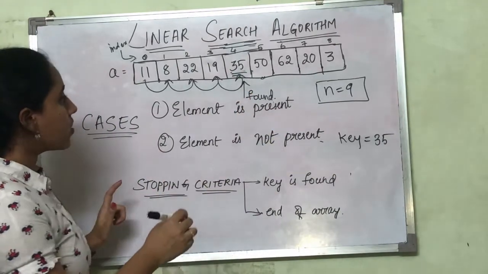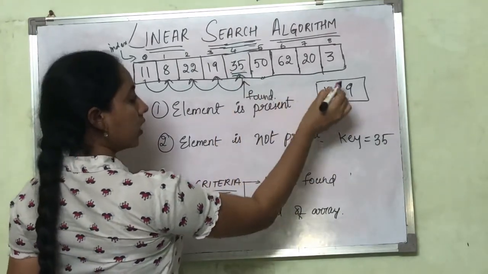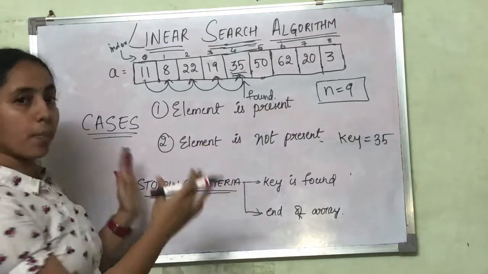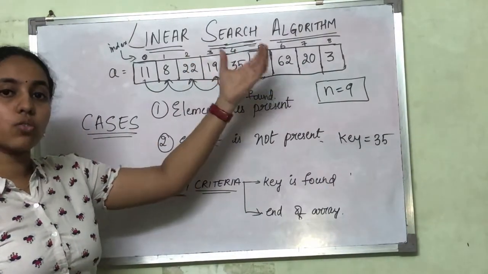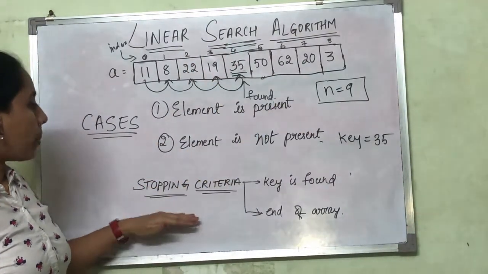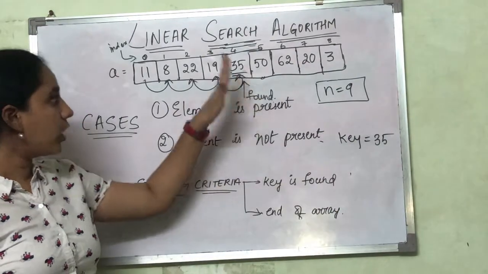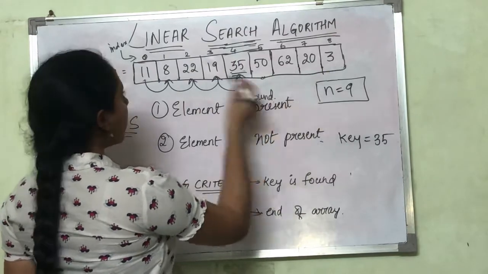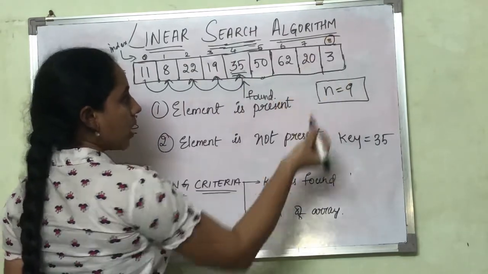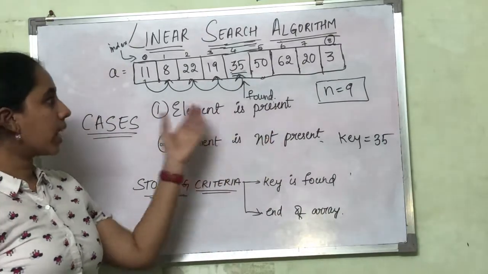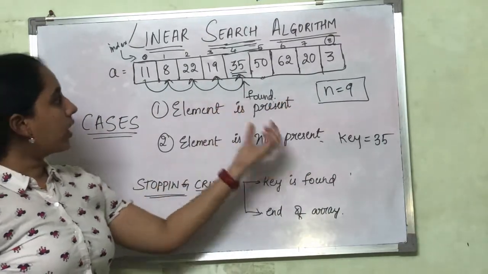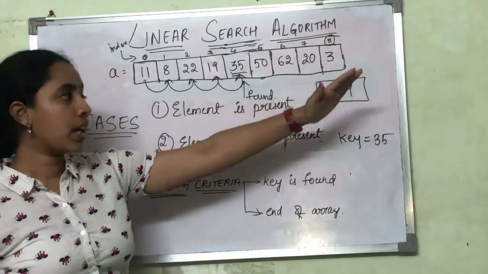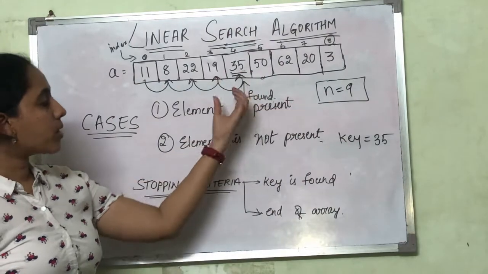Now there is one question: do we have to go further? This is the stopping criteria. We need to understand that there should be a stopping criteria where this linear search algorithm should stop. The stopping criteria is that whenever the key is found, you need to stop there. Suppose the end here is the 8th position, but if we are taking 100 elements and we found 35 in the 4th position but are still going till the end of the array, there would be no point in searching every element.